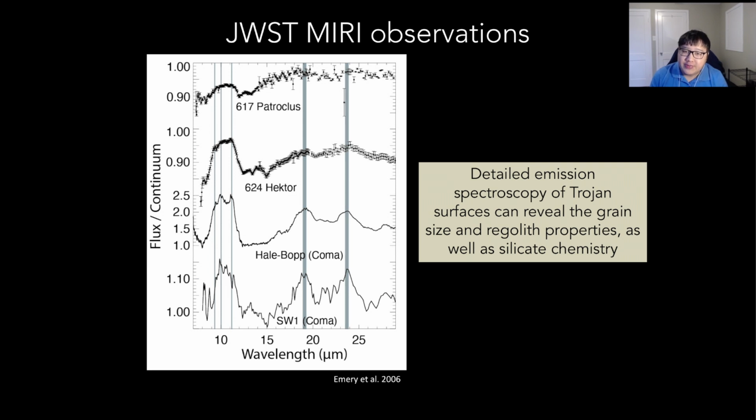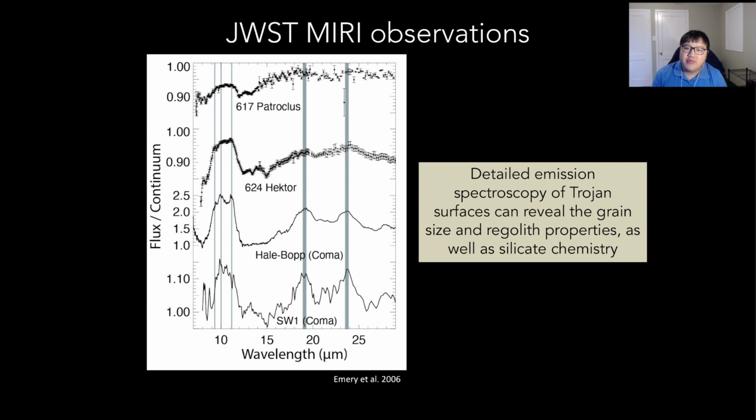In addition to the NIRSpec reflectance spectroscopy, MIRI thermal emission spectra will provide a complementary view of Trojans and KBOs. Previous low signal-to-noise Spitzer spectra of two large Trojans, Patroclus and Hector, shown here, reveal a broad emission feature at around 10 microns. This is indicative of fine-grained silicates, similar to analogous structures that we see on icy comets.